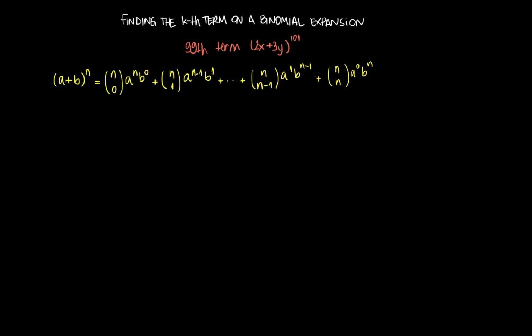We can write this whole thing as a summation, so we have a sum from k equals 0 to n of n choose k, a to the power of n minus k, and b to the power of k. This is really similar to the generic term. We're going to see it in a few moments.